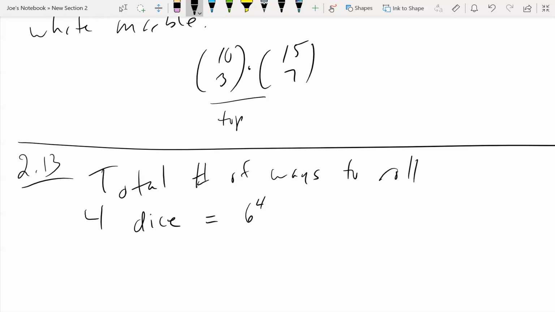I'm not sure how you're getting 24 from what you're explaining to me. I took 6 times 4. You've got 6 possibilities for each die, right? You've got 4 dice.